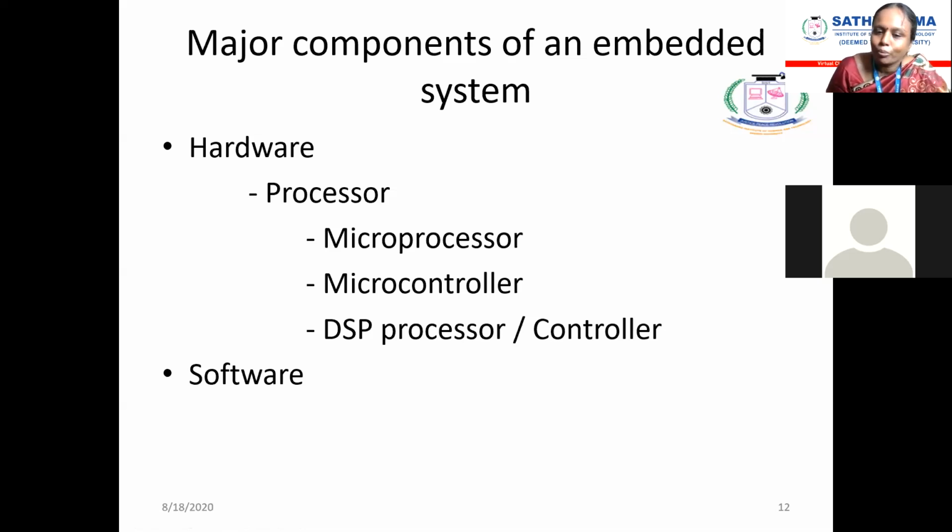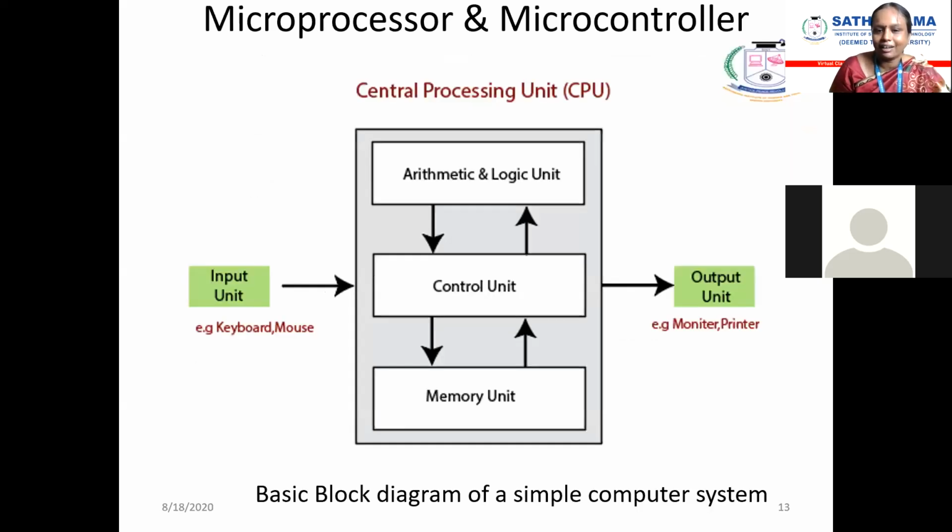Okay, microprocessor: what you have learned is 8085 and 8086, in your 5th semester. DSP processor also you have studied. So in this subject we are mainly focusing on the microcontroller. I think this is a basic block diagram of a microprocessor and microcontroller. A microprocessor we simply say is a CPU.